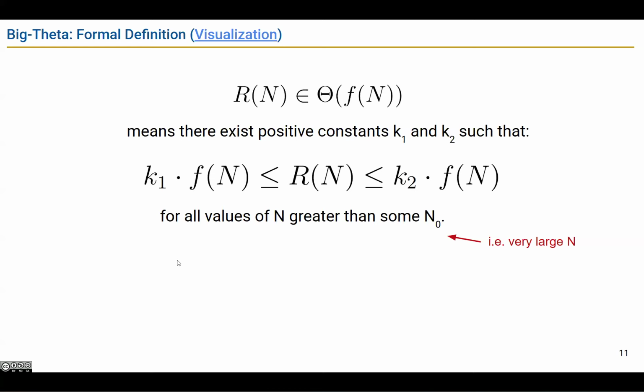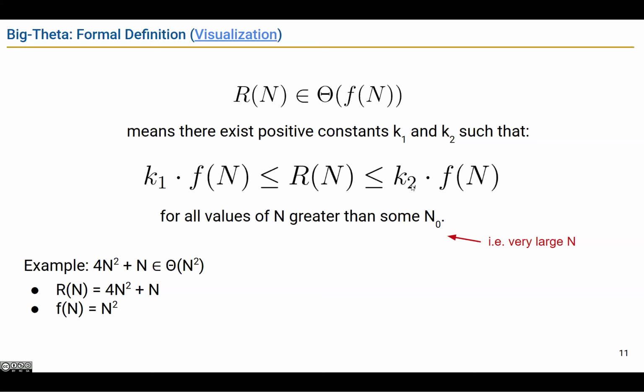In effect, for very large n, the value of r of n gets squeezed in between constant multiples of f of n. So as an example, 4n squared plus n gets squeezed between two functions that grow as the size of n squared. We can say, for example, r of n is 4n squared plus n, and f of n is the n squared function.